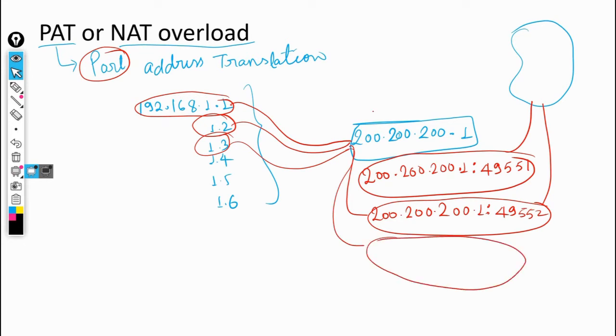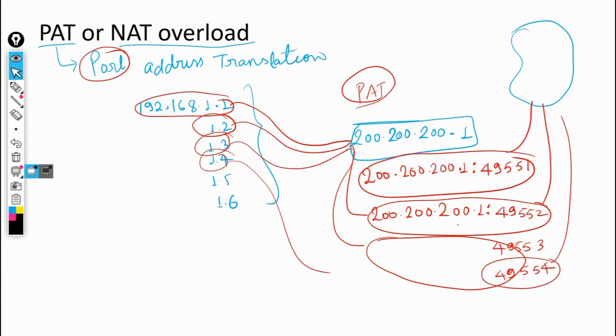This technology is given by PAT, port address translation. Another request comes, it gives one more port number, let's say 49553, 49554. It keeps on giving port numbers and using the same IP address. So in real life, we are just using PAT, and that is how IP addresses are being saved using this technology, right?